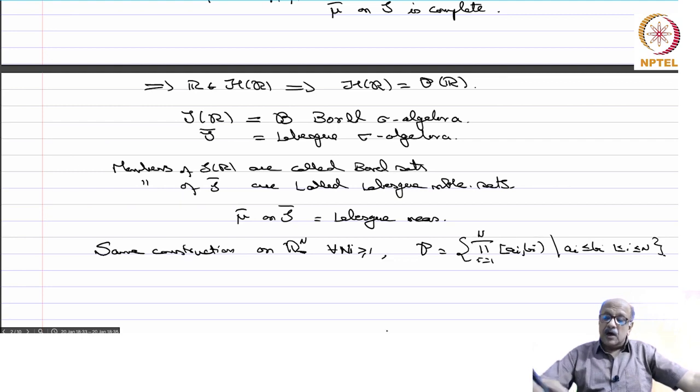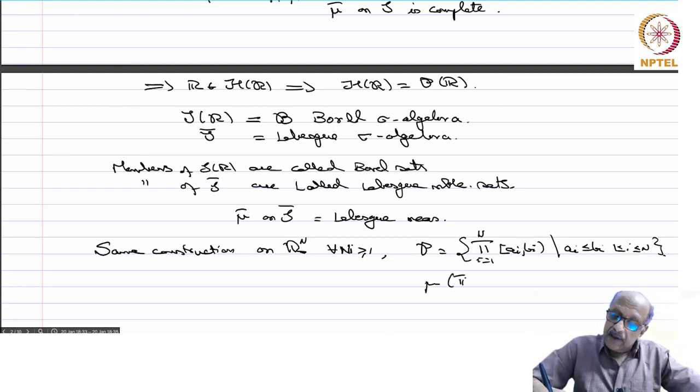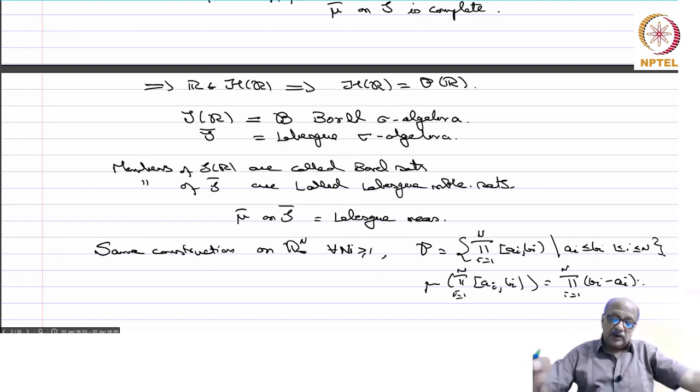And then you do the ring R, and then you do the measure, and mu of the product of (a_i, b_i] is nothing but the product of (b_i minus a_i). So in other words, the Lebesgue measure in R is the extension of the notion of length, and in R2 it is the extension of area, R3 volume, and so on and so forth.